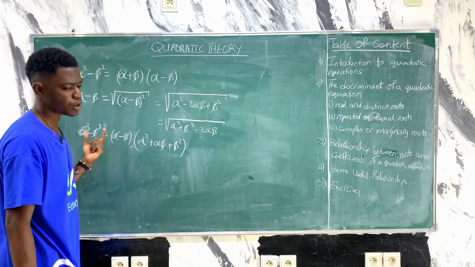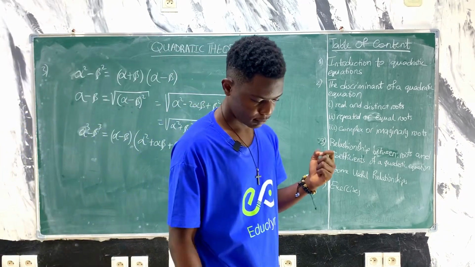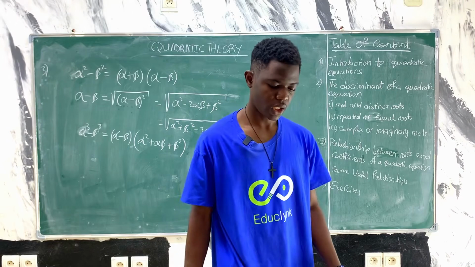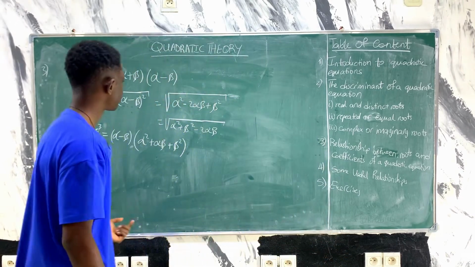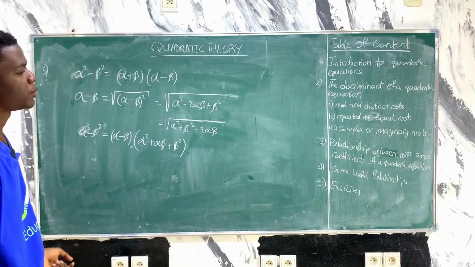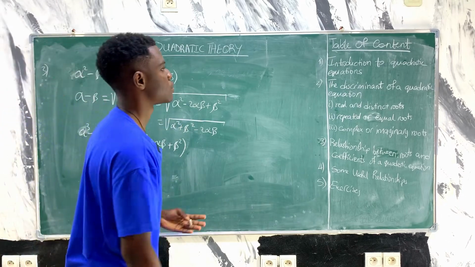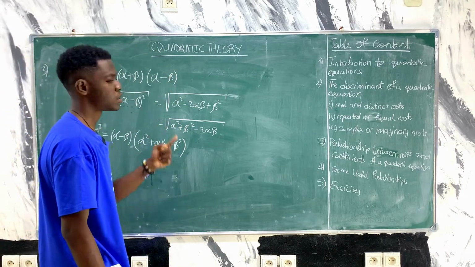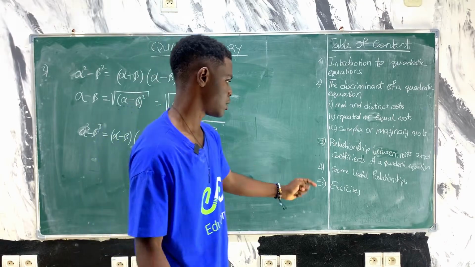So this is for alpha cube minus beta cube. That's pretty much all. These are the things that are going to help you in solving questions in quadratic theory. So let's dive into exercises.